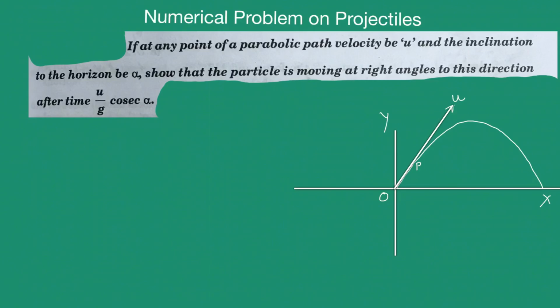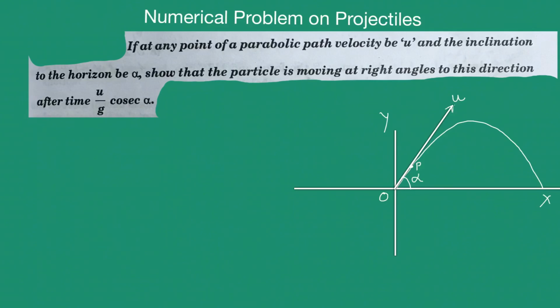So once again read out the statement: if at any point of a parabolic path velocity be u, this velocity at this particular point is u, and the angle it makes with the horizontal is alpha. Fine.